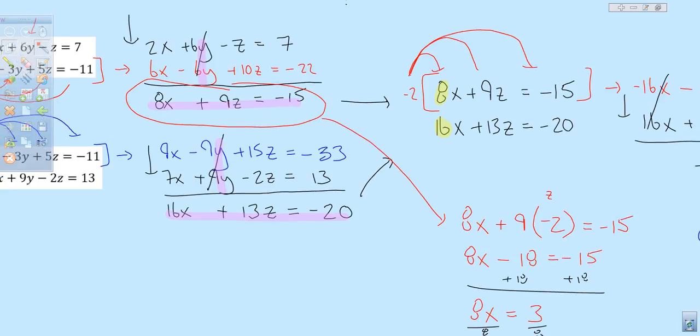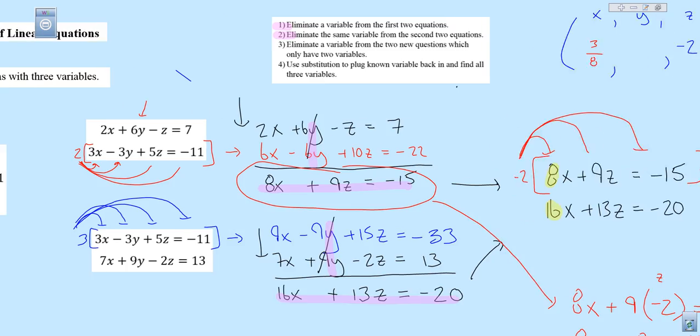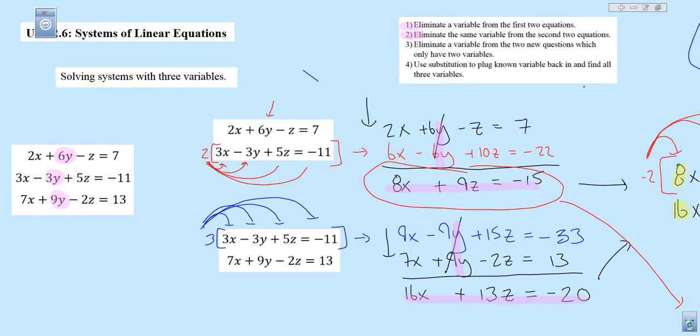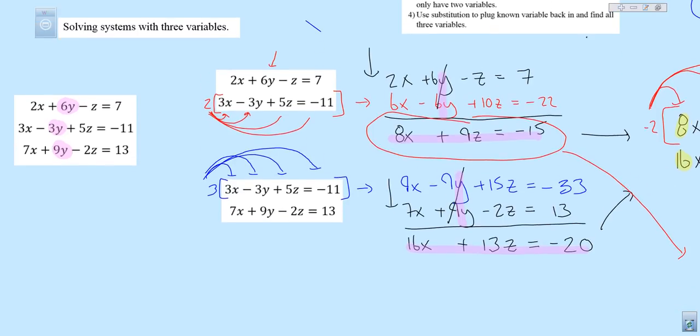So we go back up. Now I have my x, which is 3 over 8. Out of my 3 variables that I started with, I go back to my originals, and I know 2 of them. So I can choose any one of these equations. It doesn't matter which one. I can choose any one of them and plug in what I know. Just because I haven't used this one when I practice, I'm going to choose the third one.